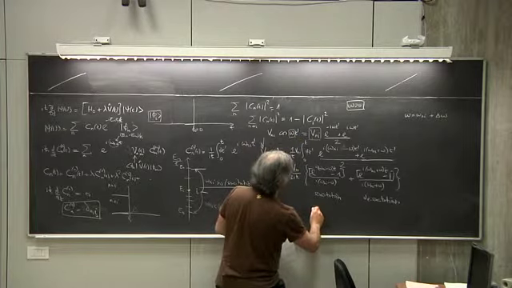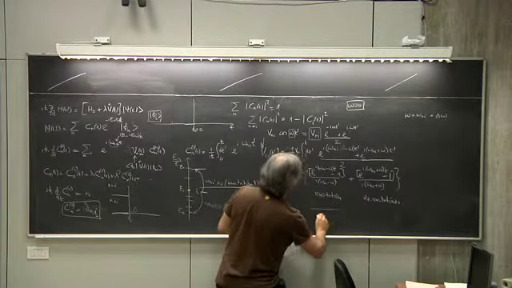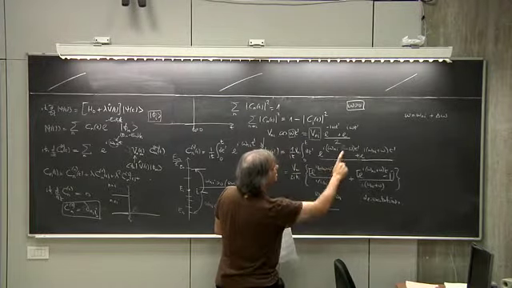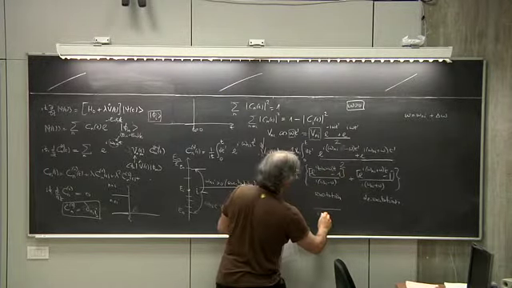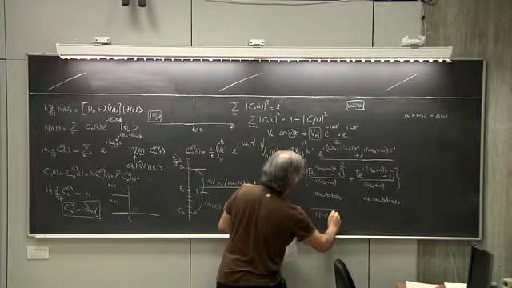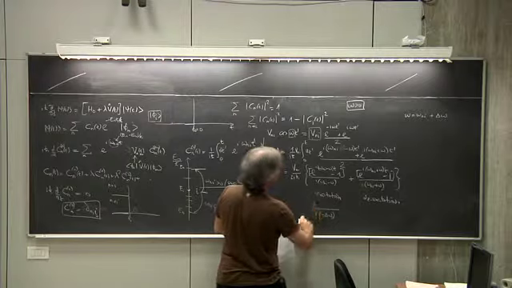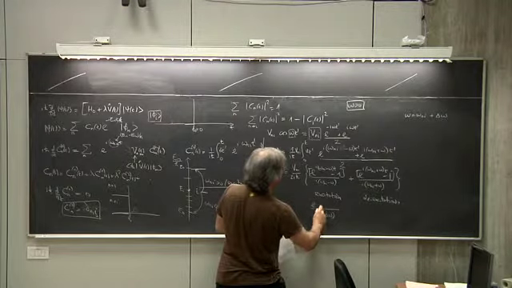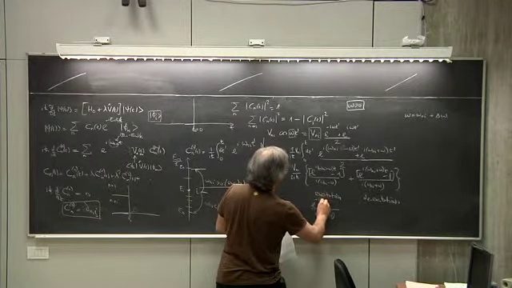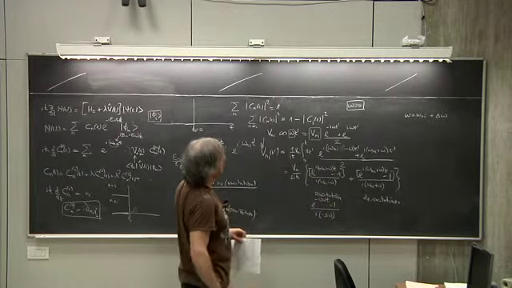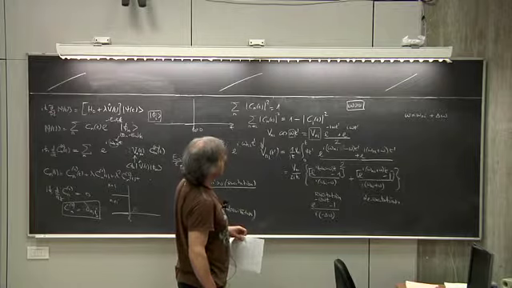The denominator, you subtract that, so you get minus delta omega, and the numerator is e to the minus i delta omega t minus 1, okay? If I haven't made any mistakes.